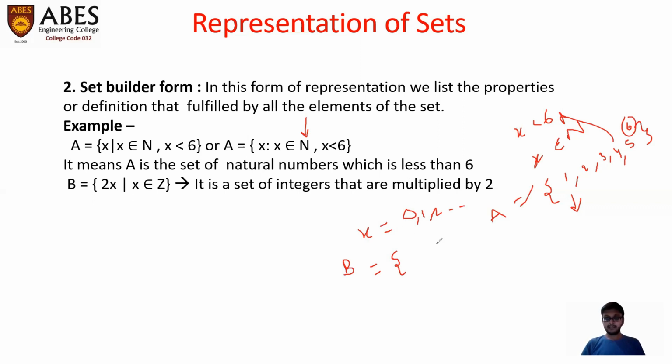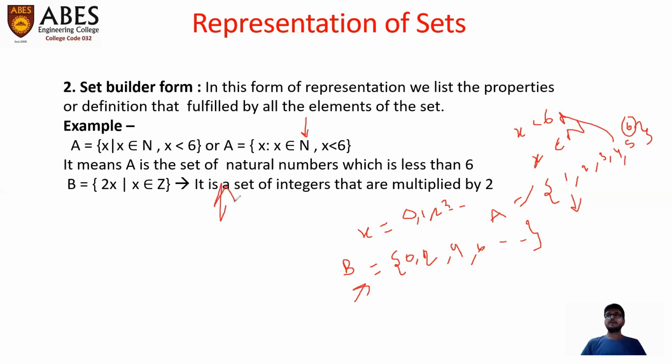The first integer is 0, so 0 multiplied by 2 gives 0. 1 multiplied by 2 is 2. 2 multiplied by 2 is 4. The next integer is 3, so 3 multiplied by 2 is 6. These will be the elements of the set B. This is the roster or tabular form, and this is the set builder form.